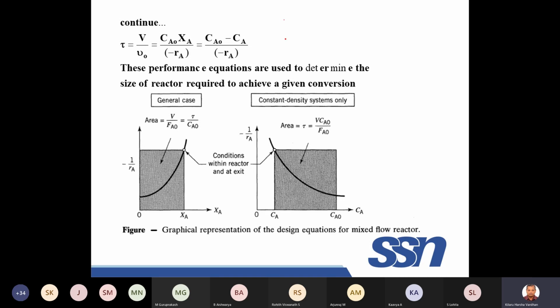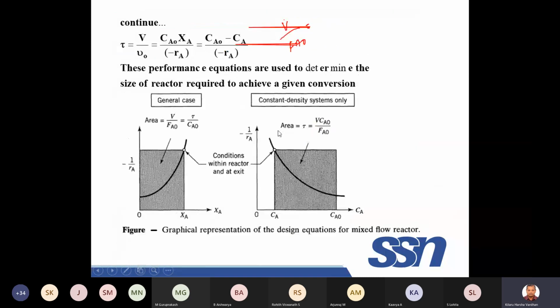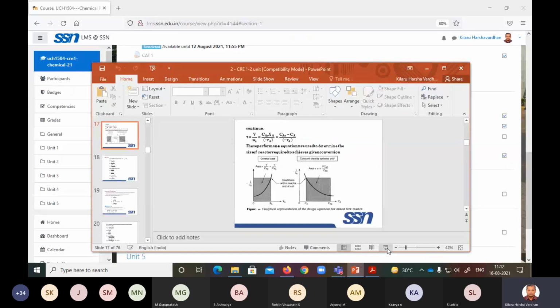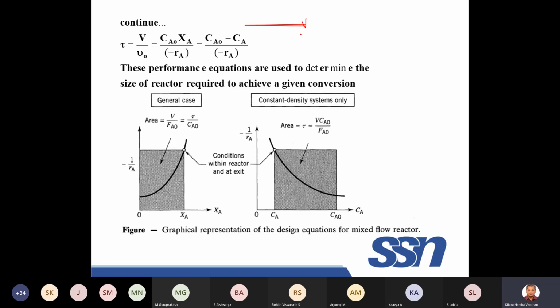So this is tau, V by Fa naught. V by Fa naught is tau by Ca naught, which is Xa by minus Ra.